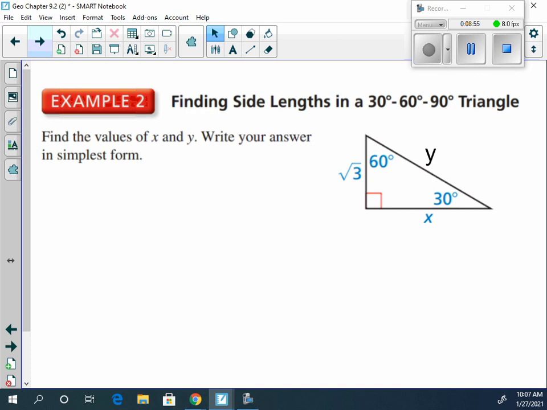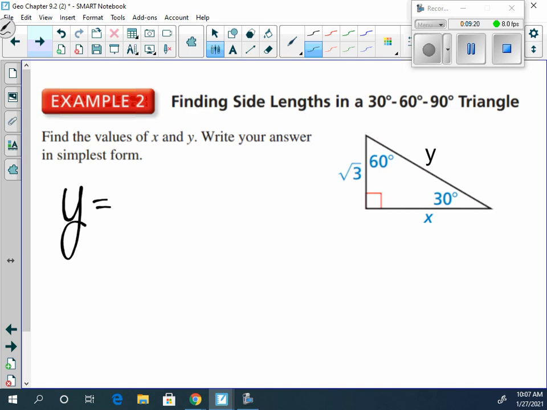So looking at this one here, did they give us the side opposite 30, the side opposite 60, or the side opposite 90? I still have the side opposite 30, yes? So if I want to find the hypotenuse, what do we do? Because the hypotenuse is what?